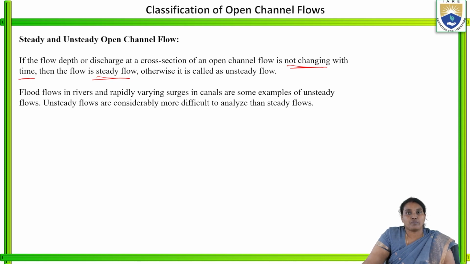With respect to time, there is no change in discharge at any open channel flow. Such type of flow is known as steady flow. Otherwise, it is called unsteady flow.